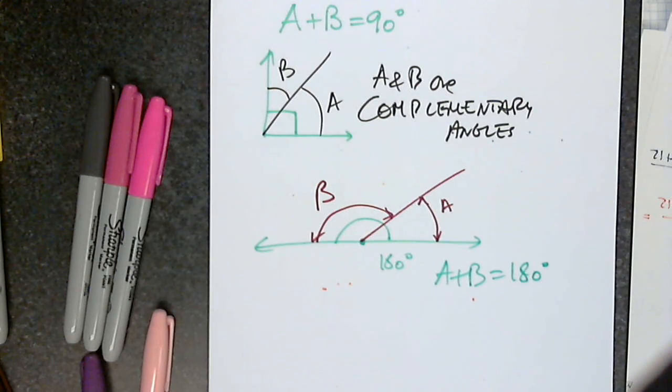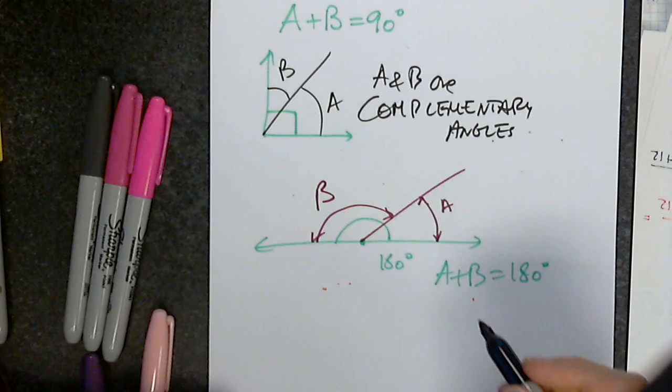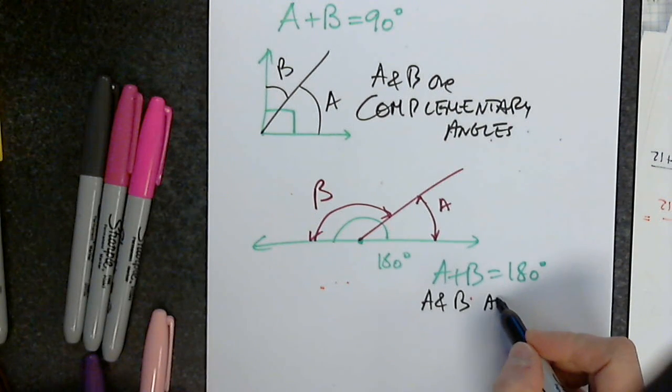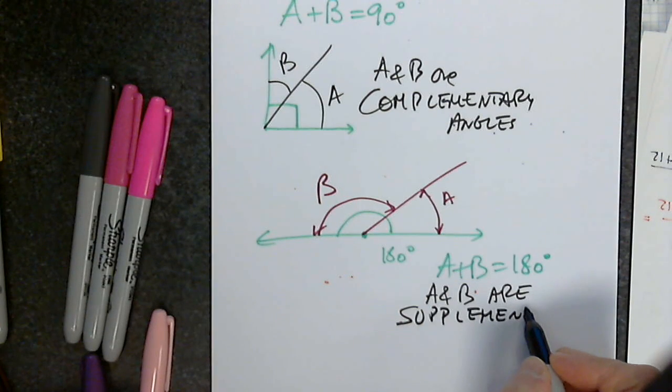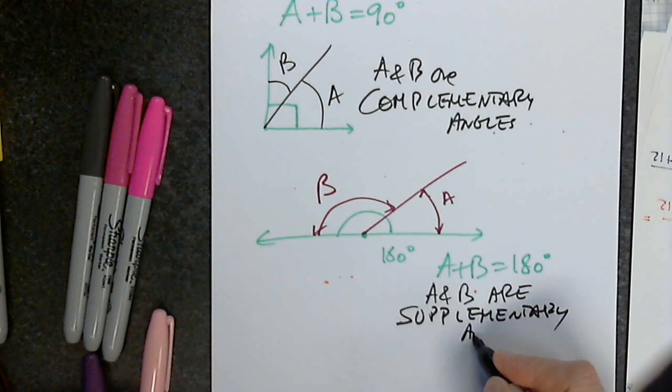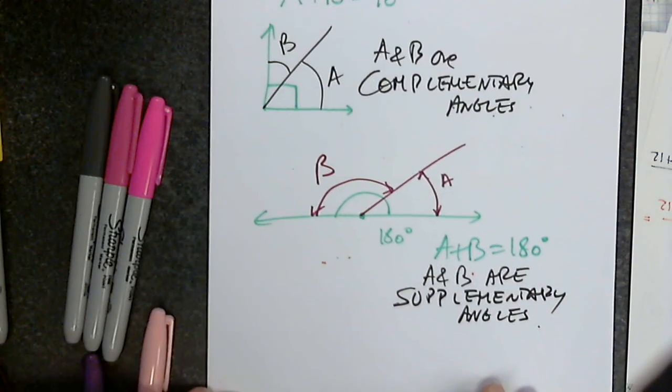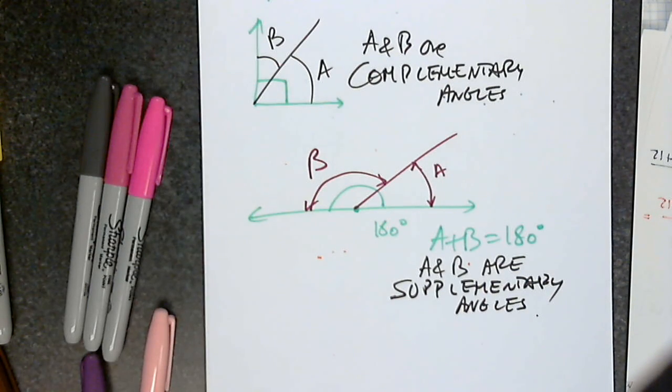When two angles sum up to 180, they are called supplementary. Exactly. So in this case, A and B are supplementary angles. Perfect.